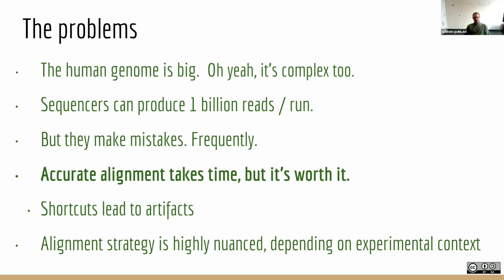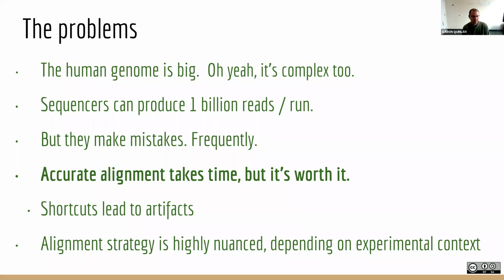And then the other problem is that when we do these sequencing assays now, we're getting billions of DNA molecules out of these runs, sometimes millions for RNA-seq, but if you're doing whole genome sequencing of a human genome, you're talking literally billions of reads. So we need to be able to do this fast. Some of the early sequence aligners would have taken weeks just to align the DNA for a single human genome sequence.